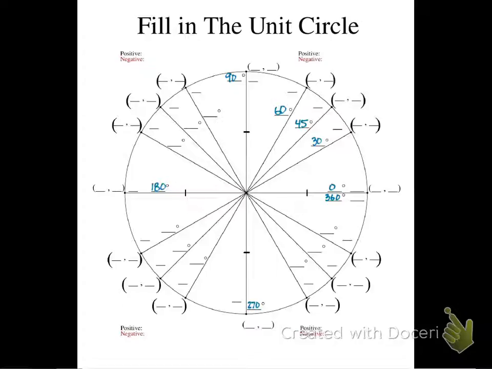Let's go around the circle together. What's this next one supposed to be? 120. Next one? Good. Next one? We have that already. 210? Good. Next one? Good. Next one? 240? Yeah, 240.